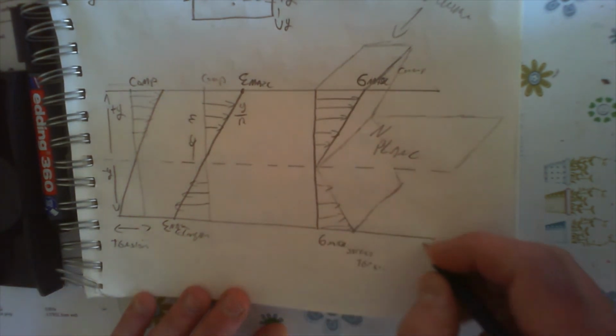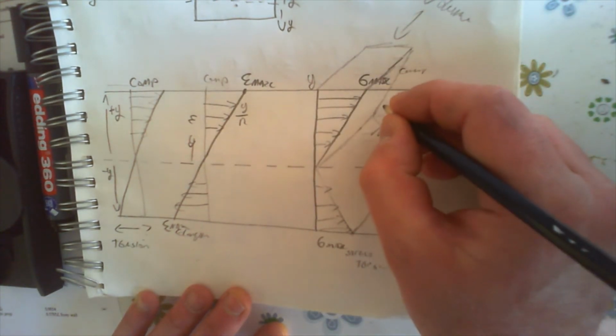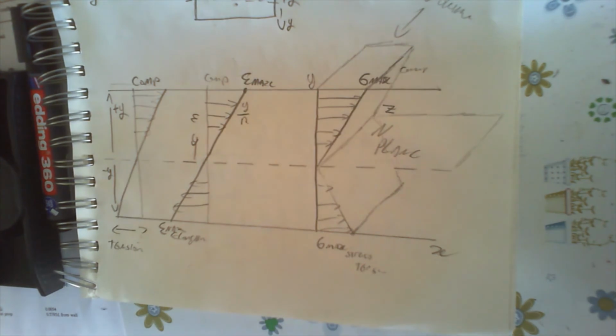And you would say this is the x axis, this is y, and this is z, or zed as they say in America.